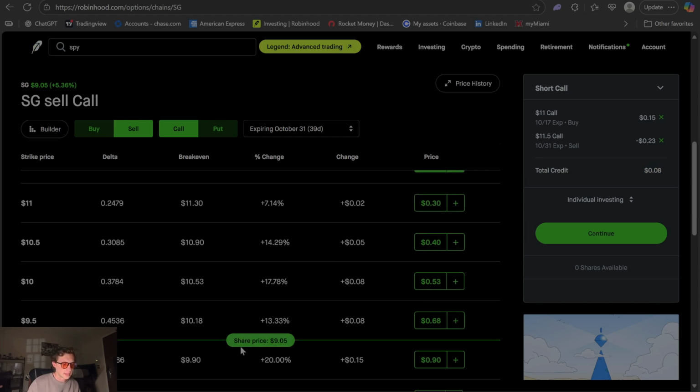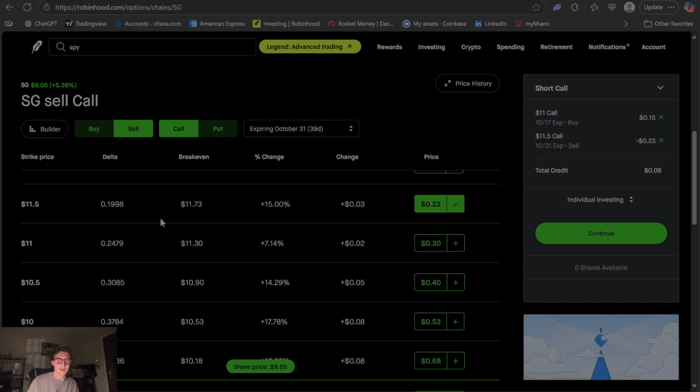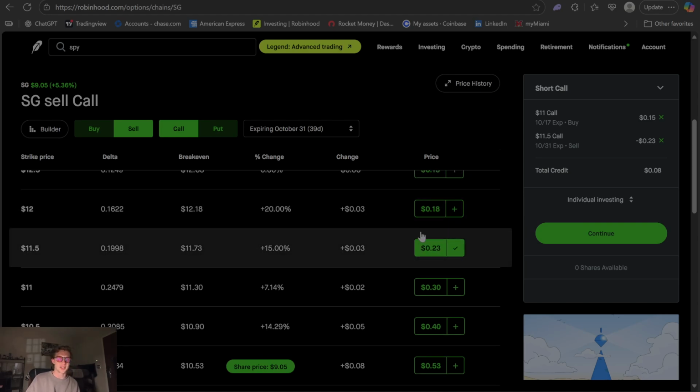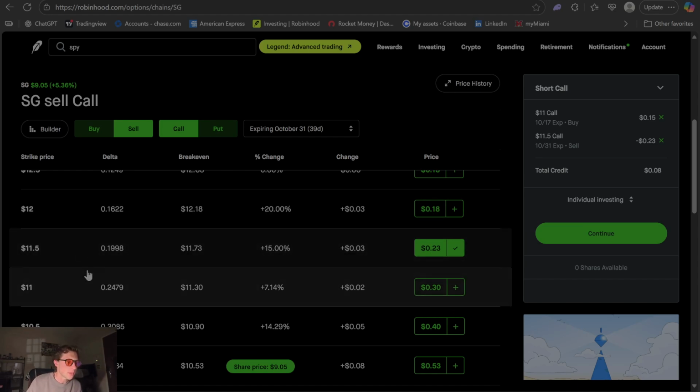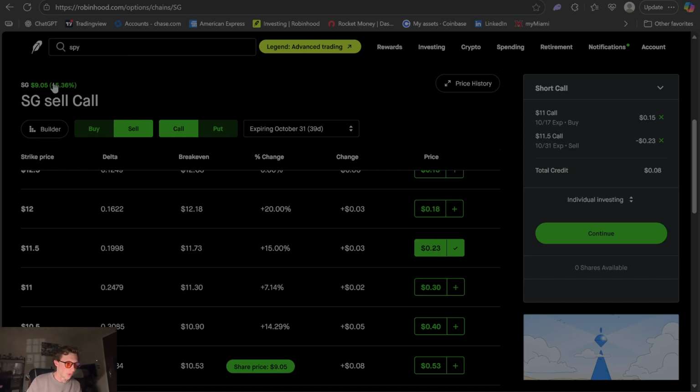So once Sweetgreen approaches that strike price, I get a little worried because I want to hold on to the shares. The capital gains is really what is driving your gains in the shares. It's not really the premium. The premium is a nice little dividend, if you will, a nice little additional income. But you really want to be holding onto these shares, which is why it's beneficial to roll out of them.